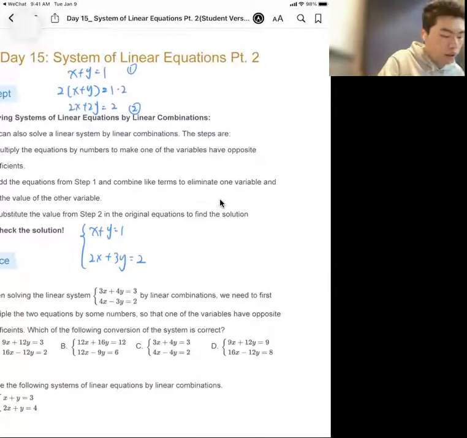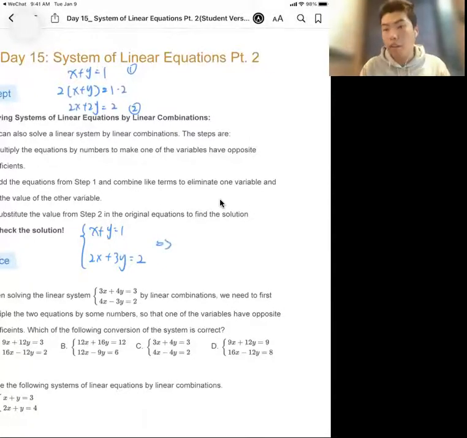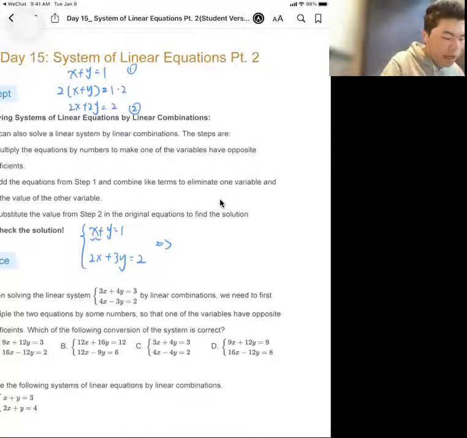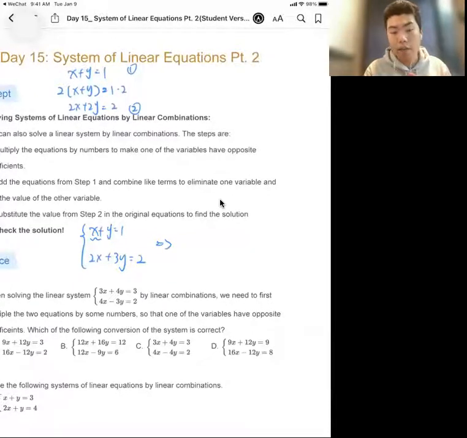First, we have to choose the variable we want to eliminate, okay? Here we can choose either x or y, and let me just choose x. In order to eliminate the variable x, I have to cancel it out. To cancel out x, I first notice that the coefficient for x in the other equation is 2.